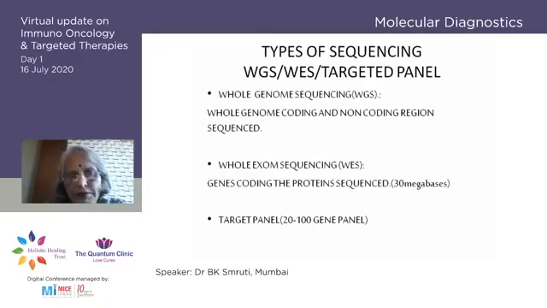And as you know, some of the ones that we are using may go up to 400 gene panels to 500 gene panels. As you would know, our DNA has about 20,000 genes, of which 500 genes are actually involved in tumorigenesis or the carcinogenic process. Next slide.